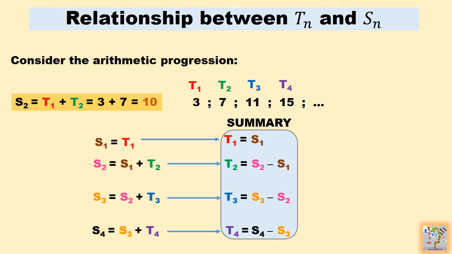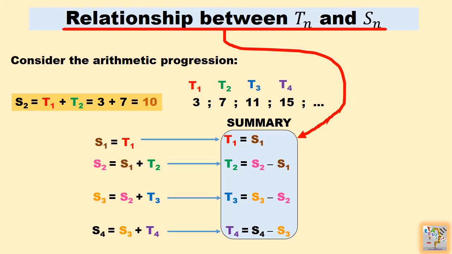Okay, so it means we can come up with a general formula for this particular kind of relationship. This relationship that we have found, the relationship between Tn and Sn, is given by all these things that you see here.